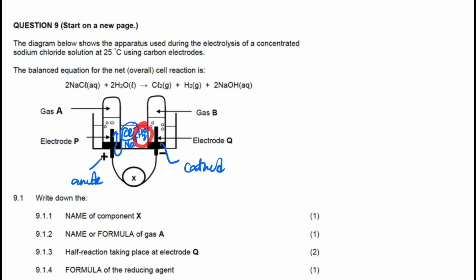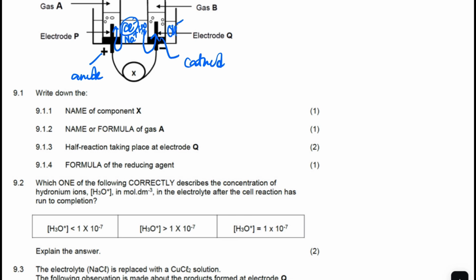Water is a stronger oxidizing agent than sodium, so water will be reduced there, and what is going to be formed is OH minus, which makes the solution become basic. So this OH minus will be formed when water is reduced there, because water is a stronger oxidizing agent than sodium.